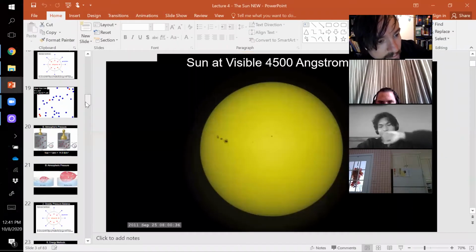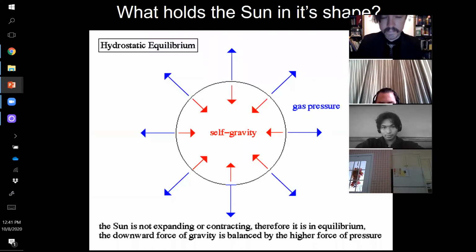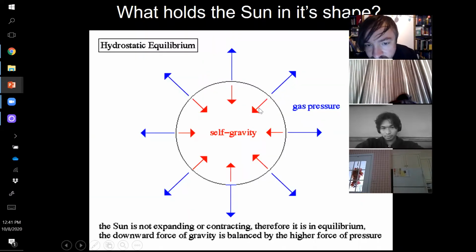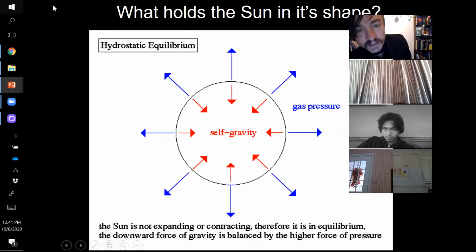Astronomers have a buzzword for this. It's called hydrostatic equilibrium. Hydrostatic equilibrium is a delicate balance between the gravity pulling the sun down and smushing it down, and that thermal pressure, that gas pressure pushing back against the gravity, so that they come into balance with each other.